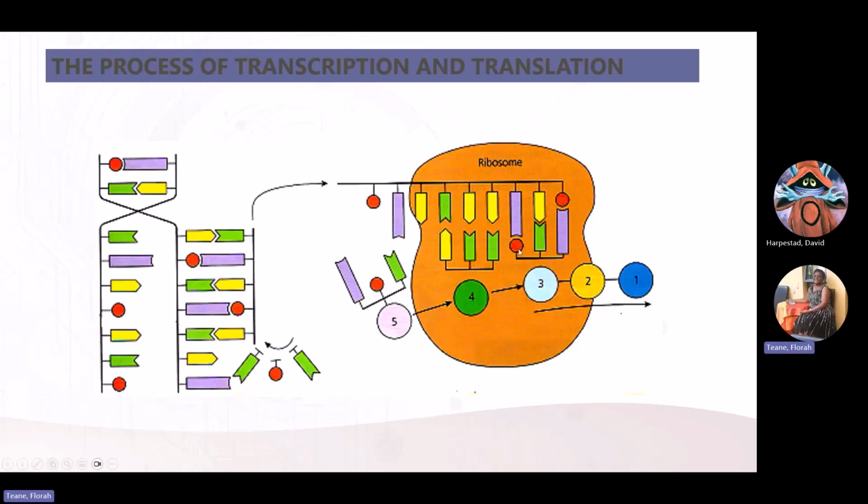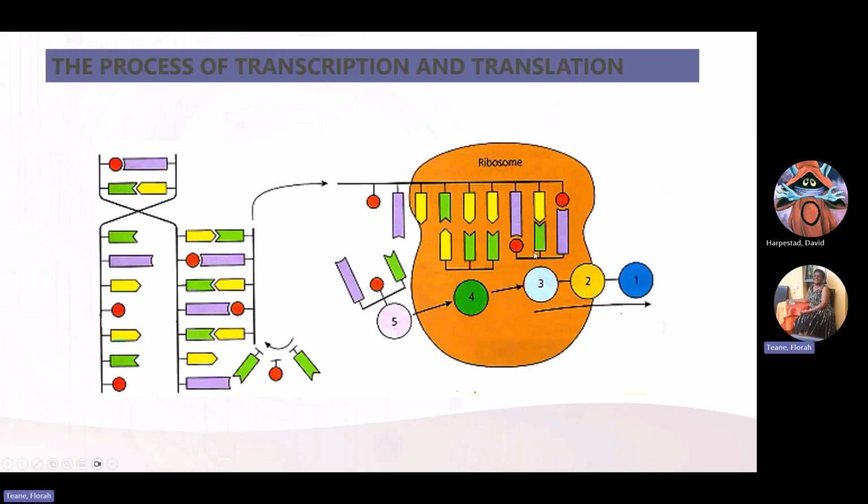Now, here is the process whereby that message is being translated into bringing in types of amino acids that are needed for this protein, how they are to be arranged, and how many are needed.